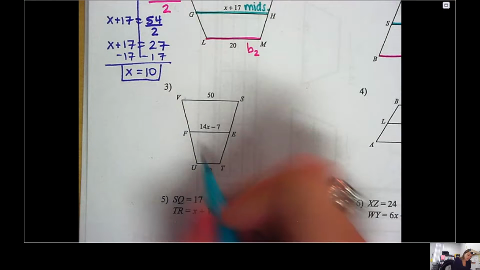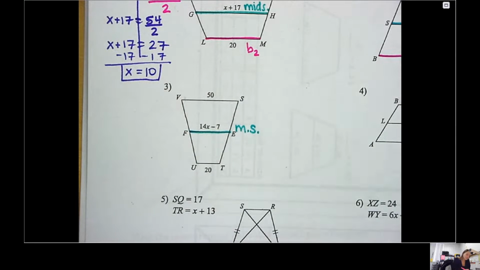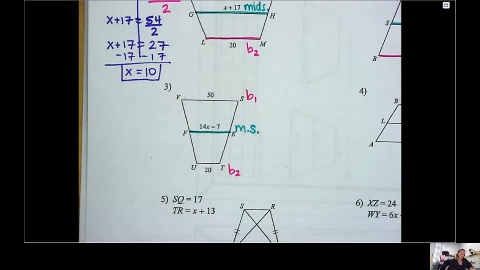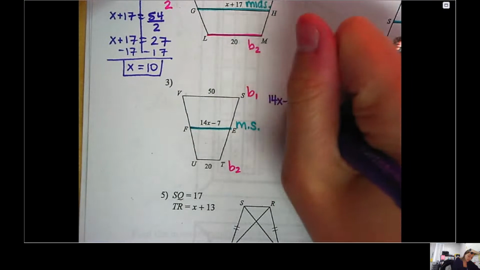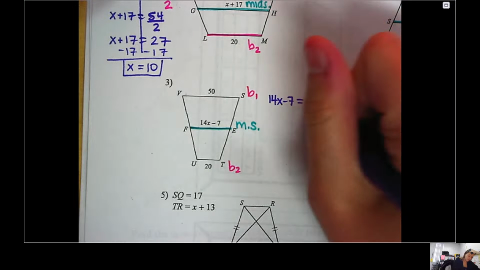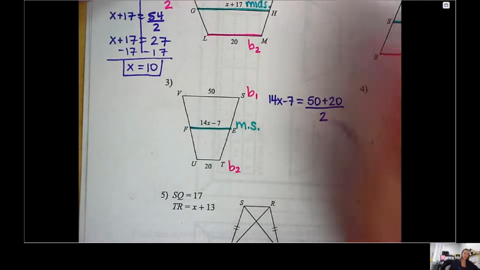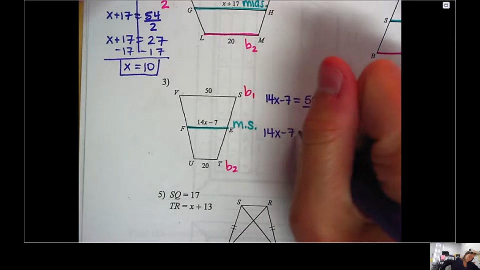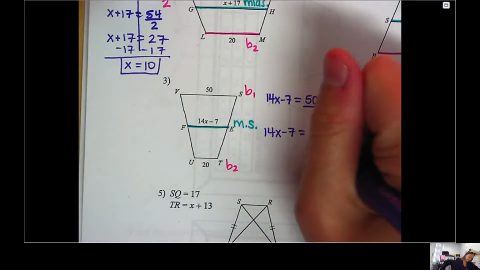Number 3, same setup. My mid-segment, I'm just gonna put MS if you don't mind, is this one. Base 1 on the top, base 2 on the bottom. So my mid-segment equals base 1 plus base 2 divided by 2, the average. So 50 plus 20 gives me 70.